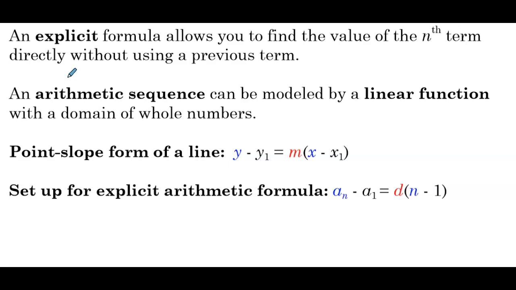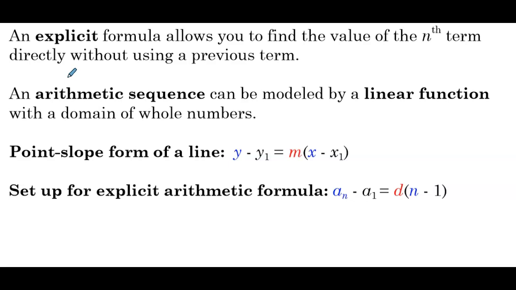So now we have two different ways we can write a sequence. A recursive formula, remember, required us to define the first term and define a sub n in terms of a sub n minus 1 and whatever pattern we established. Really good for identifying the pattern and the first term.